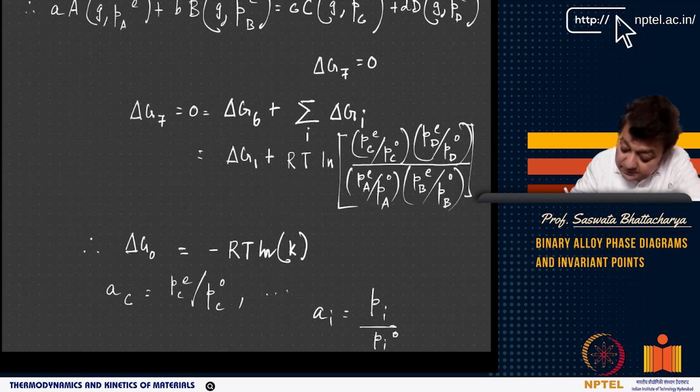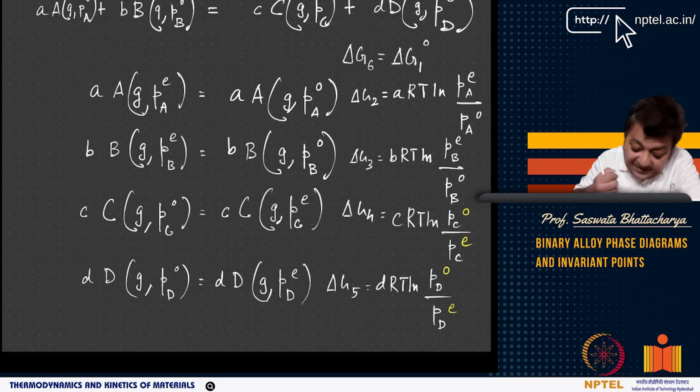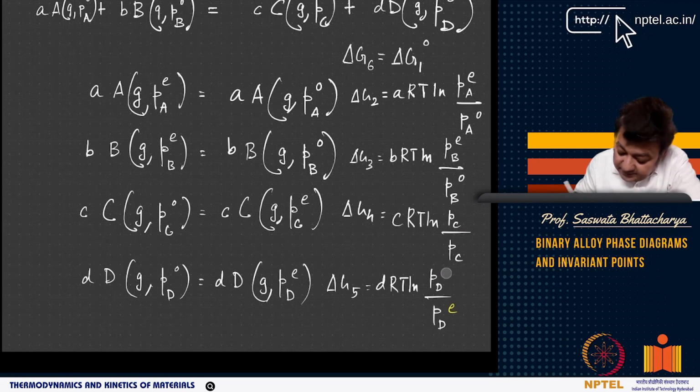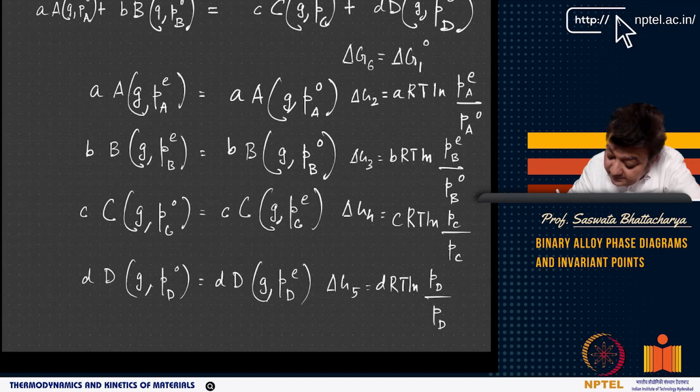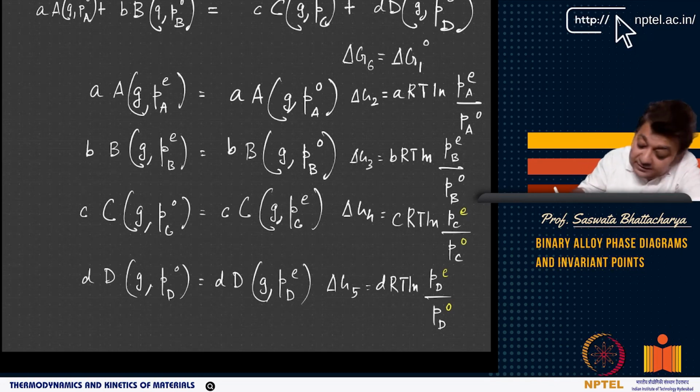Now you have to be very careful here. This is your equilibrium, the way we are using the convention. So here this will be PD equilibrium by PD naught and PC equilibrium by PC naught. However, this will be naught by equilibrium.